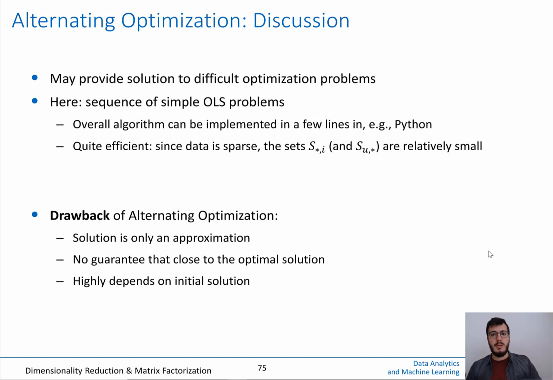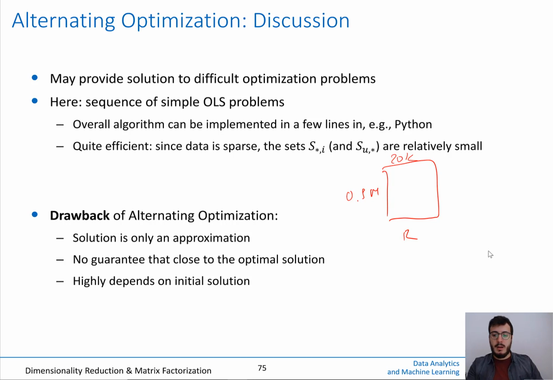The other thing I want to point out is that the algorithm is very efficient because these sets of only the users which have rated item i, or only the items which have been rated by user u, are also very small. So if you think back to the big rating matrix, which was 0.5 million times 20k, this is a huge matrix.